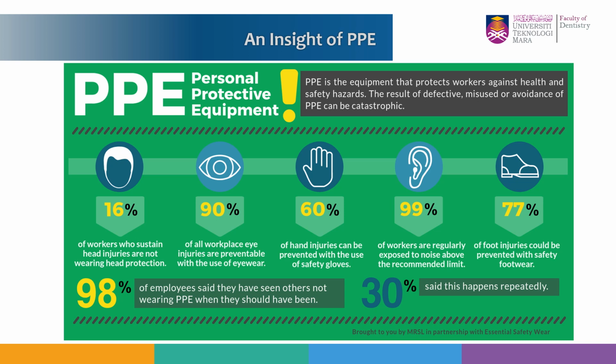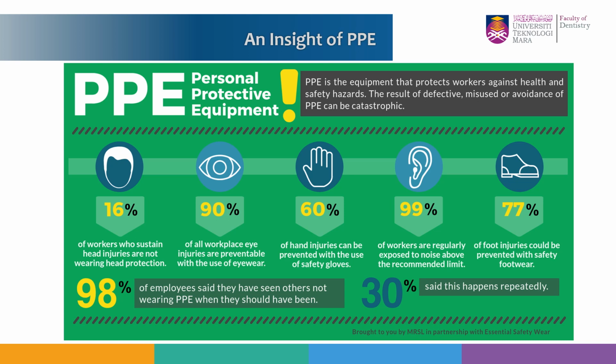So if you look at the symbols here, 16% of the workers who sustain head injuries are not wearing head protection. So this is what we're talking about in the construction site, right? 90% of the workers having eye injury are not wearing the eyewear, and 60% of the hand injuries can be prevented with the use of safety gloves.